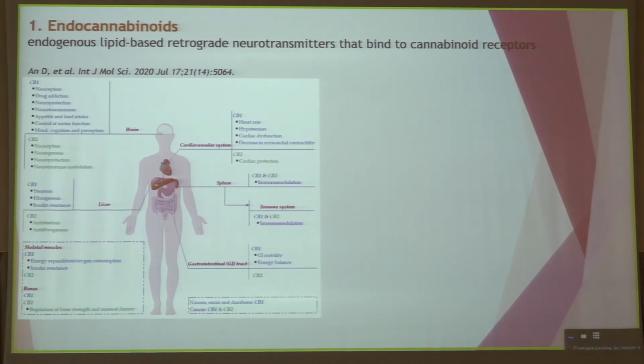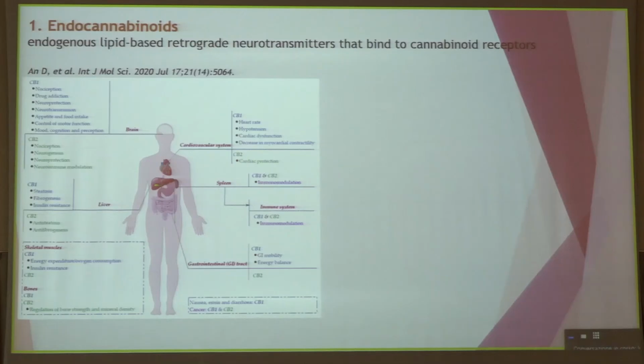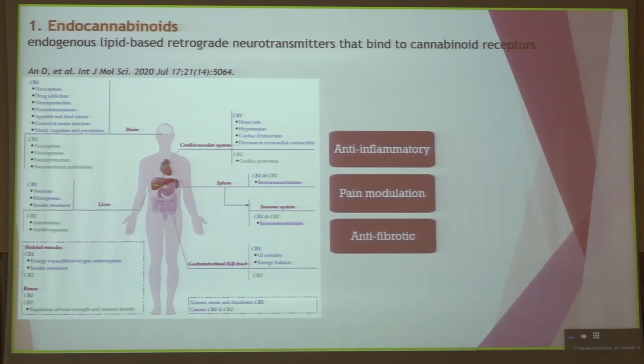They are expressed also in the cardiovascular system. They are also immunomodulator. They control the motility of the gastrointestinal tract. In the liver, they control the steatosis, the fibrogenesis. They are expressed also in the bones and in the connective tissue. In general, we can affirm that they are anti-inflammatory, anti-fibrotic, and so also pain modulator.